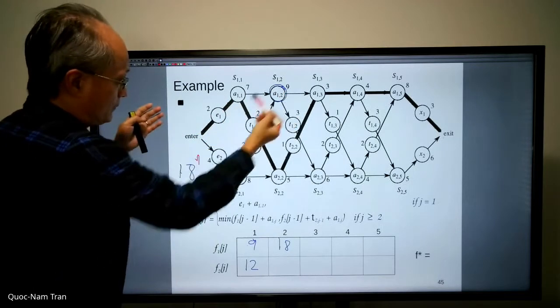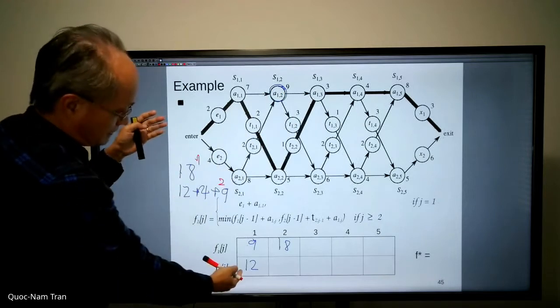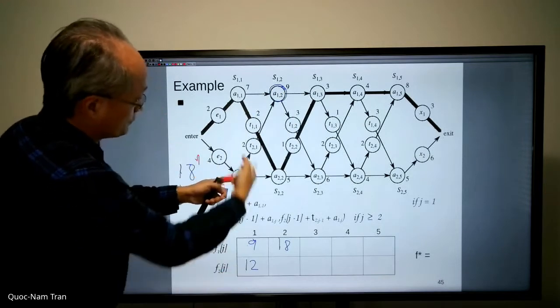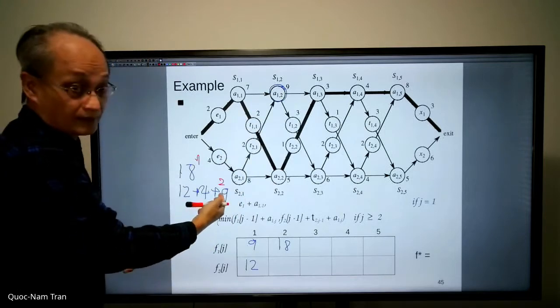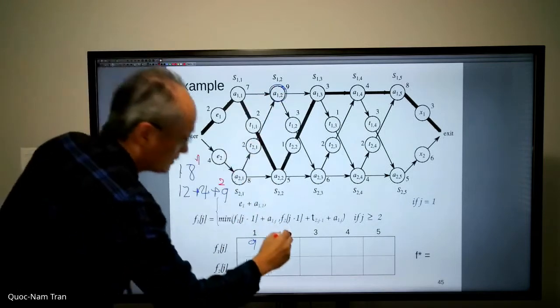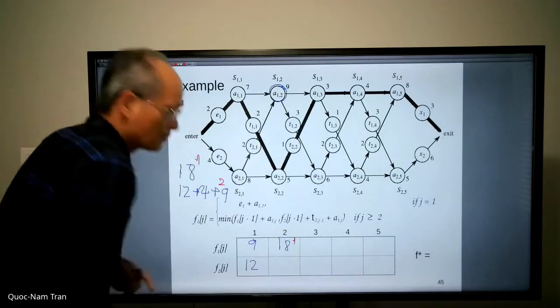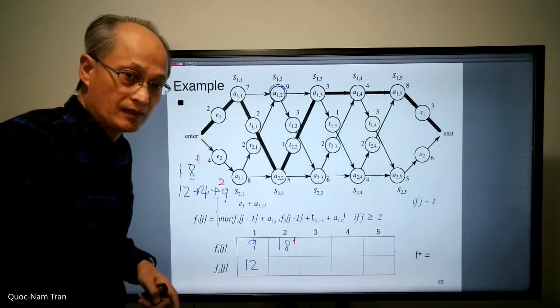If we go through line 2, it's 12 plus 2 plus 9, which is bigger. So we follow line number 1.